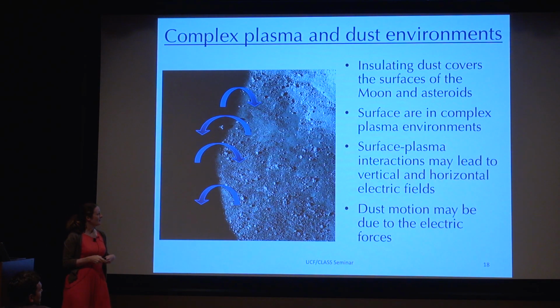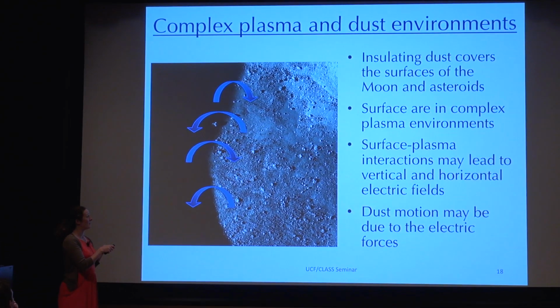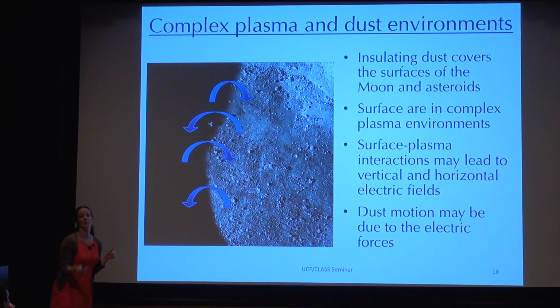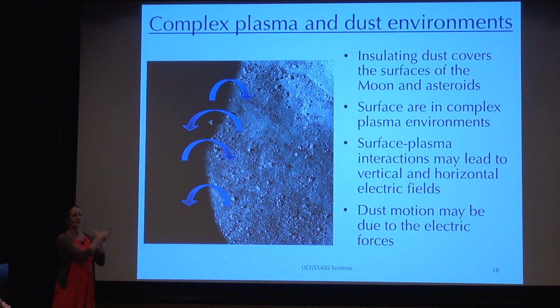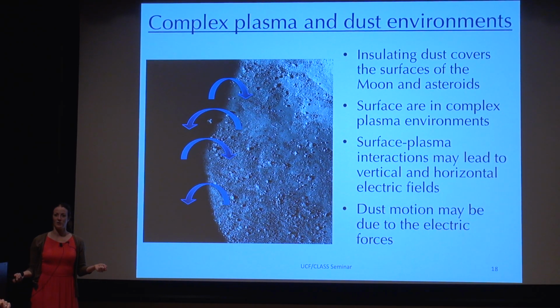There we go. Okay, so we think that there's these interesting regions between day and night, or due to topography, you get the shadowing effect, where if a particle has a little negative charge, and it's on a positively charged part of the surface, it's going to get booted off, or it's on a negatively charged part of the surface, it's going to get booted off and go toward the positively charged part of the surface.